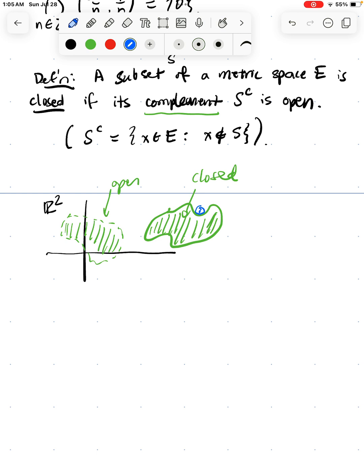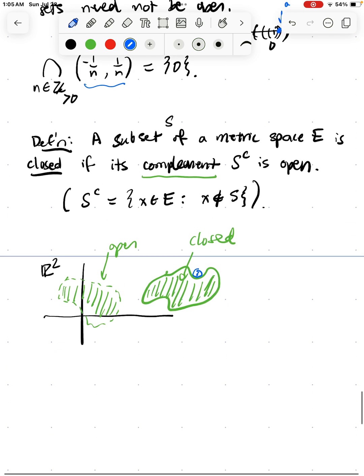Okay, so now notice that open does not mean not closed, and closed does not mean not open. So there are metric spaces where you can have sets that are both open and closed. For instance, one can check that the empty set is both open and closed.